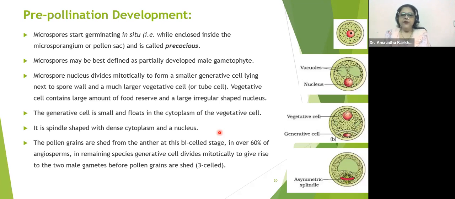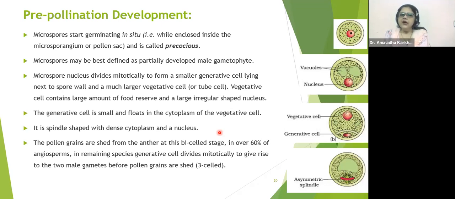Microspores may be best defined as partially developed male gametophytes. I already told you what is the meaning of it. In case of precocious development, yes, the initiation of male gametogenesis has started, right?